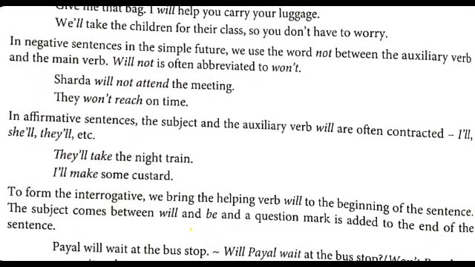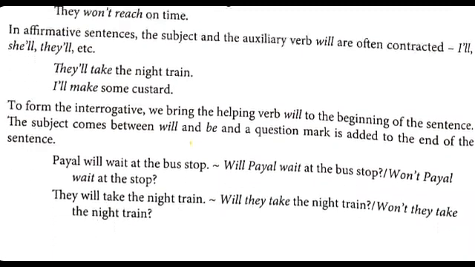In an affirmative or positive sentence, the subject and the auxiliary verb will are often contracted to I'll, she'll, they'll, etc. Now, in order to form the interrogative, when you ask a question, you bring the helping verb will to the beginning of the sentence and then the subject.